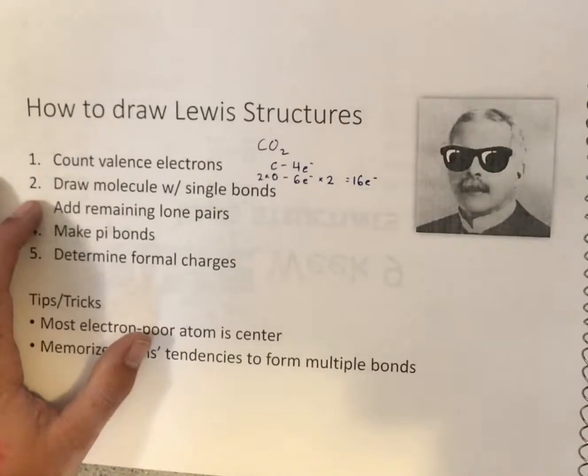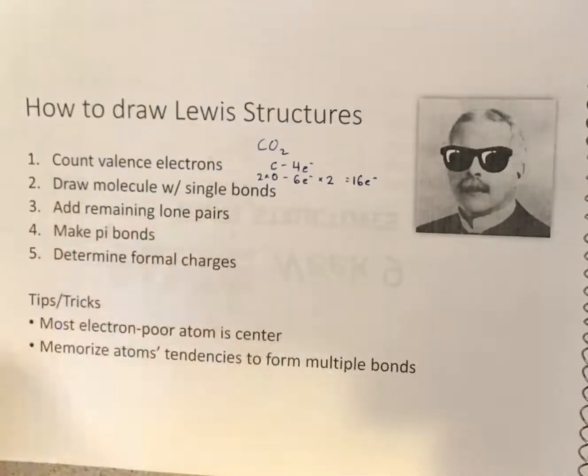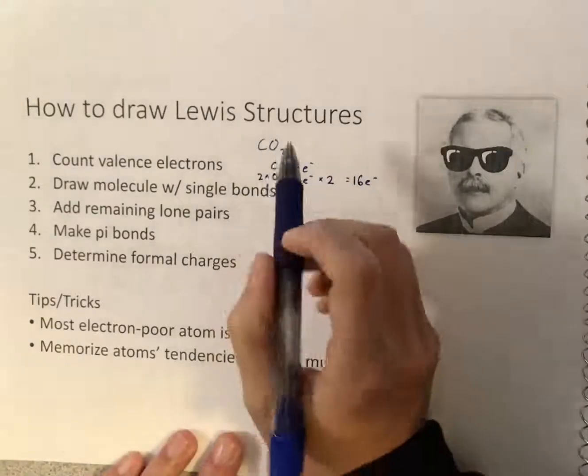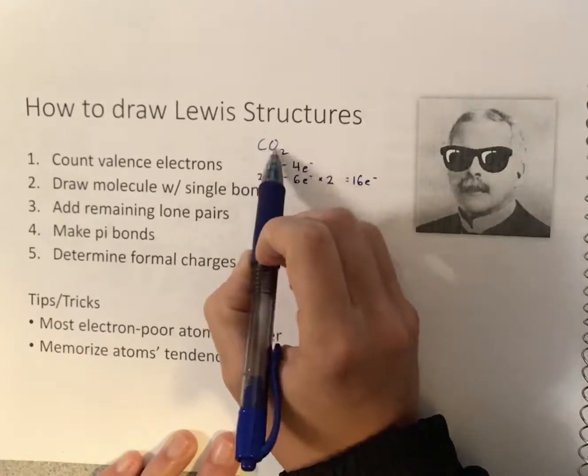So next what we'll do is we'll draw the molecule with single bonds. So in order to do that, we need to determine which one is going to be our central atom. So with this one, it's pretty easy because you can see that you have a carbon and 2 oxygens.